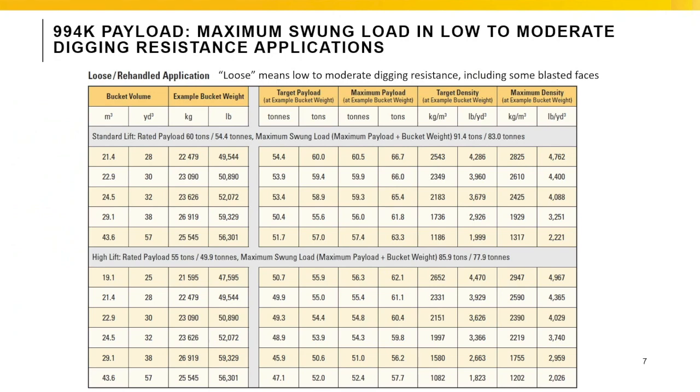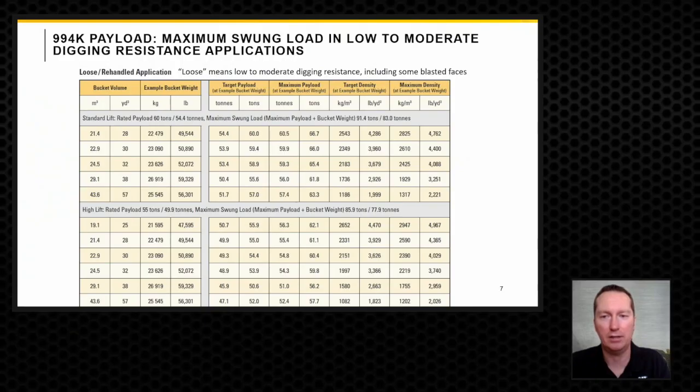So the key is to understand that you can start backwards from your maximum capability, figure out what your maximum payload is after subtracting the bucket weight, and then you can go from there and assess your site's variability and decide, where should my target payload be? Can I cut it close and be within a few percent of the maximum payload? Or am I expecting a lot of variability, so therefore I want to set my target payload 10% below the maximum in this particular configuration?